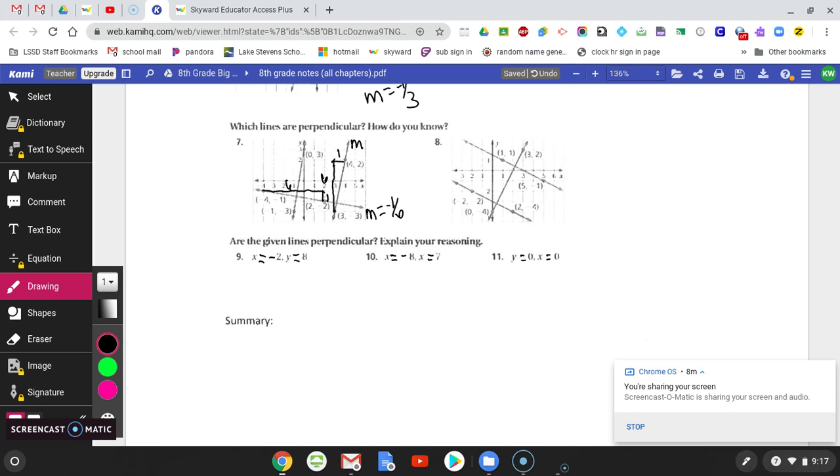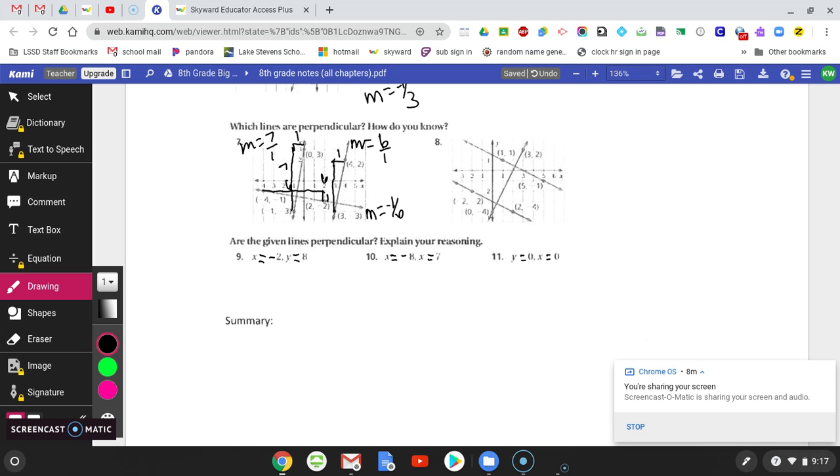So this one has a slope of 6 over 1, or just 6. Either way is okay to write it. And the last one, I'm going up 1, 2, 3, 4, 5, 6, 7, and over 1. So this would be a slope of 7 over 1, or just 7.